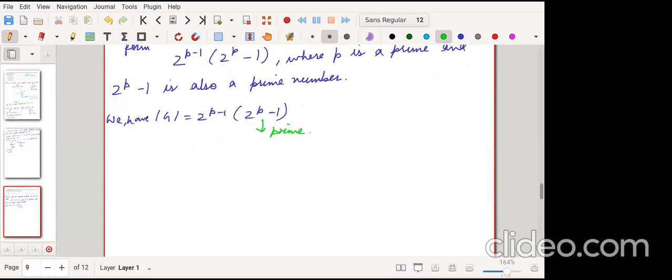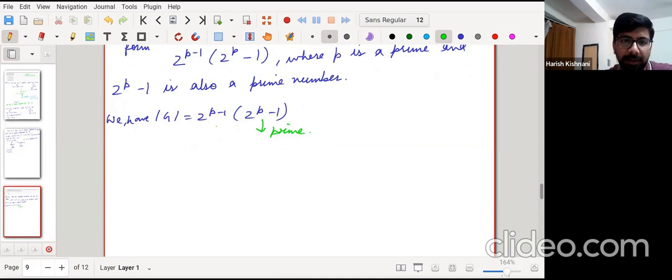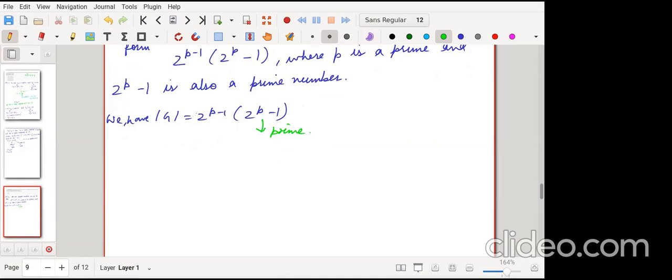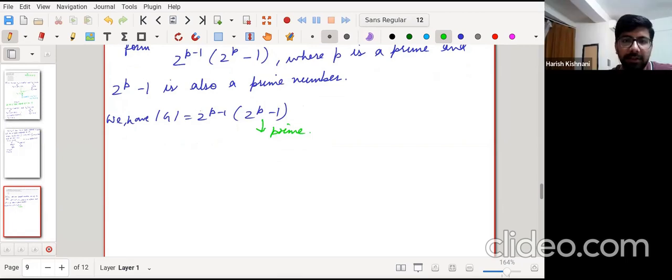So it's a prime, and one more prime, 2, is also a prime which is dividing the order of G. So there are two prime divisors for the order of G.